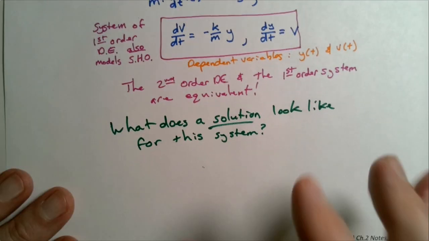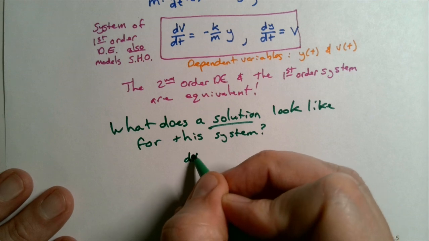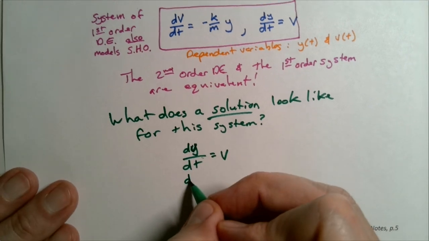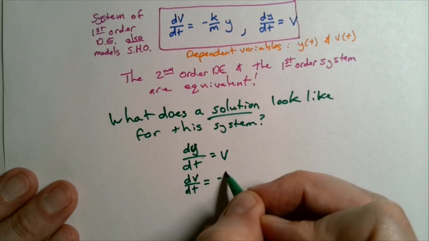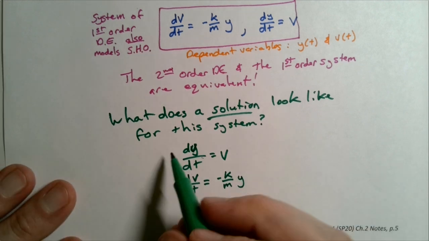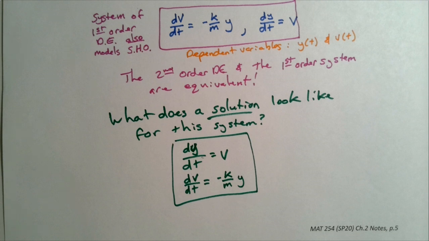And so what we're going to do is go into Maple and say, hey, dy dt equals v, and dv dt equals negative k over m times y. This system right here, we can actually throw that in Maple to see what happens.